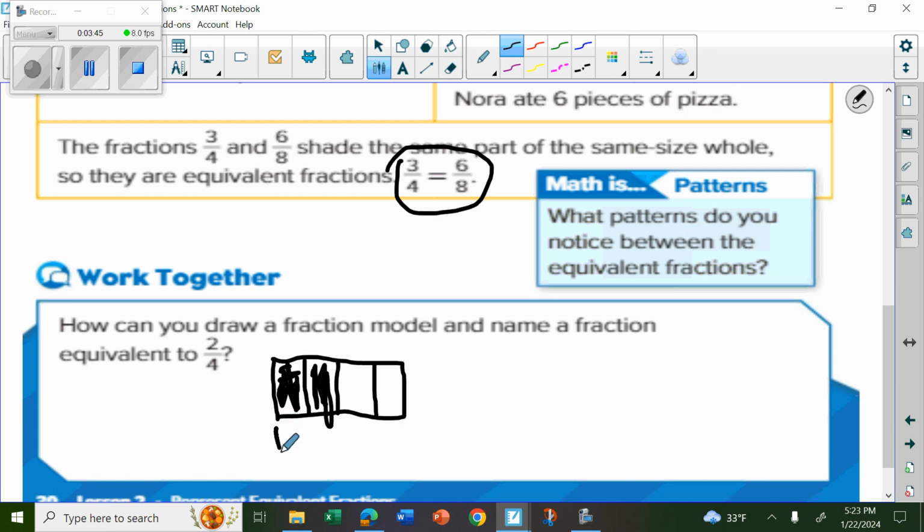Now I'm going to make another rectangle. And let's look at that. That's a perfect rectangle, and these are perfect squares. Now wait a minute. What happens if I take the 4th and split it right here in the middle? And I still shade this part.